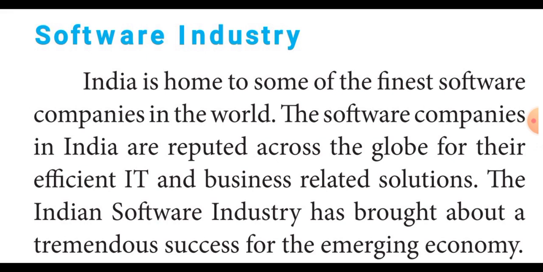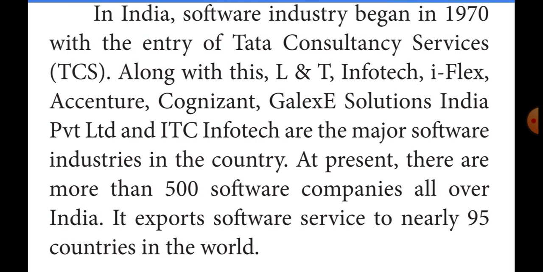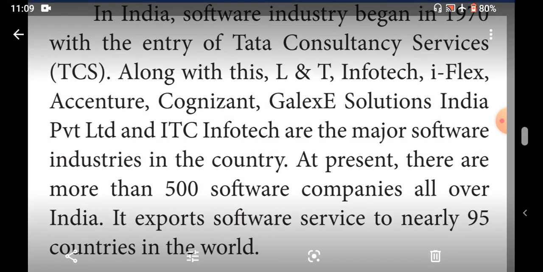Okay, in India, the software industry began in 1970 with the entry of Tata Consultancy Services, along with some other companies like L&T, Infosys, iFlex, Accenture, Cognizant, Galex Solutions, ITC, and others.